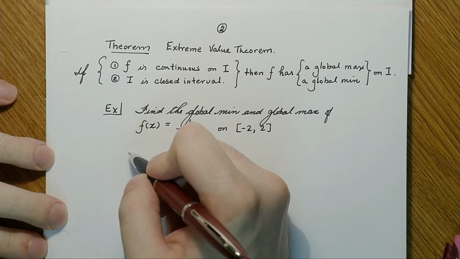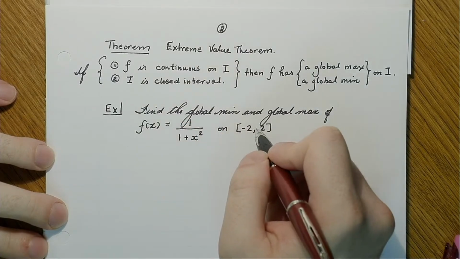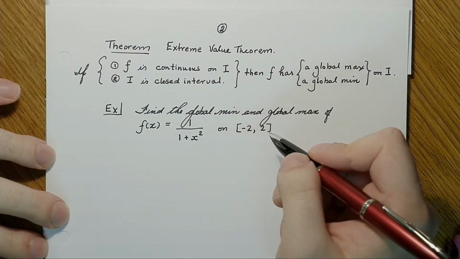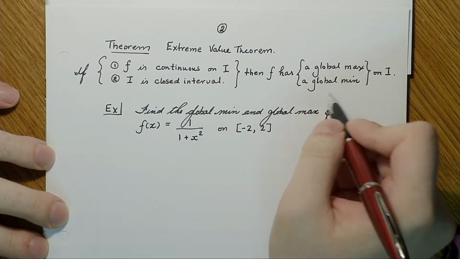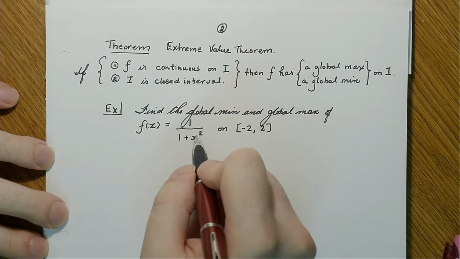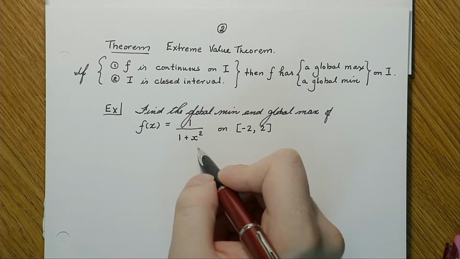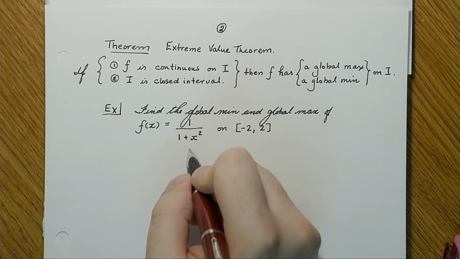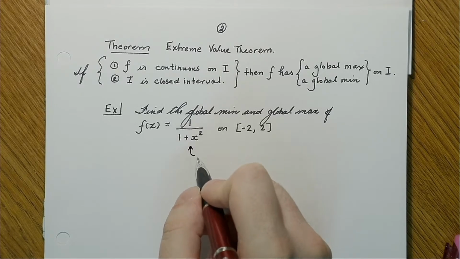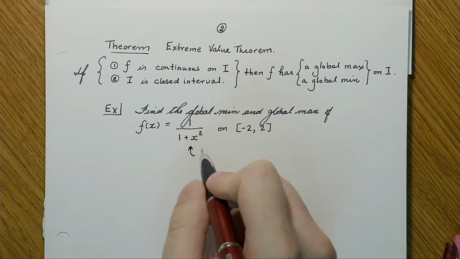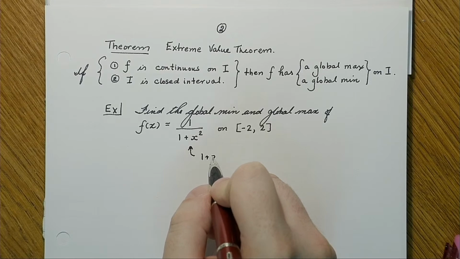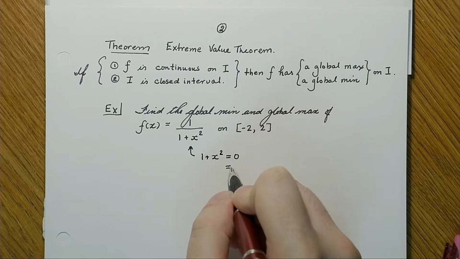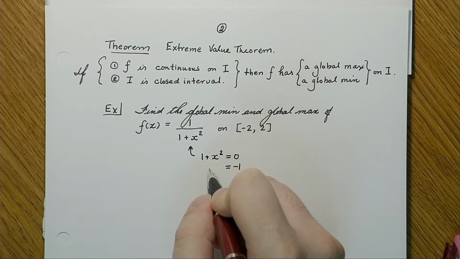Now the idea here is we have a closed interval, and so that means that it has to attain a global max and a global minimum. Is it continuous on the domain? That's something we should be careful about. The only time that this could be not defined is when 1 plus x squared is equal to 0, and I get x squared equals minus 1.